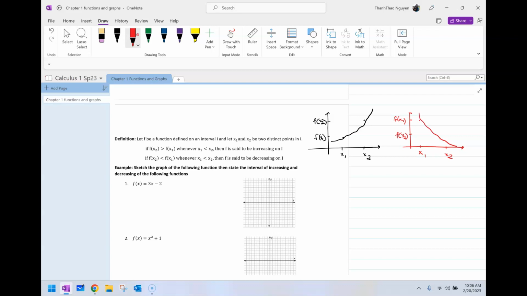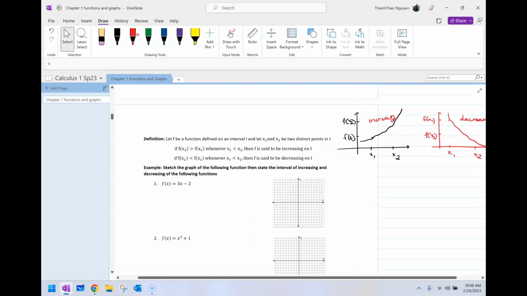So here we have a decreasing function, decreasing in the interval I. And that interval is x1, x2, and this is increasing.